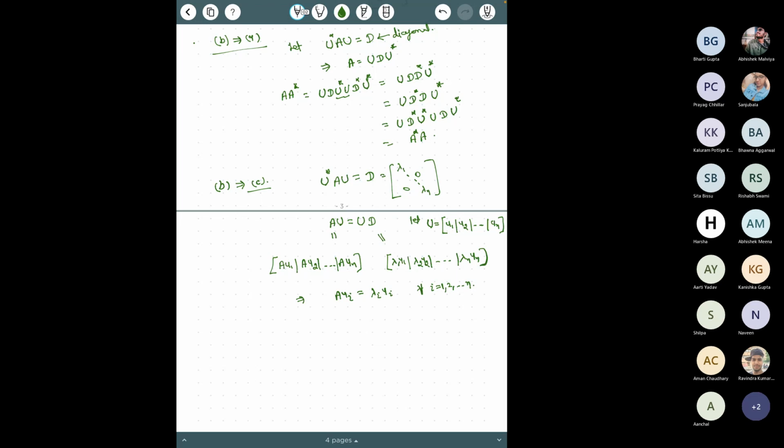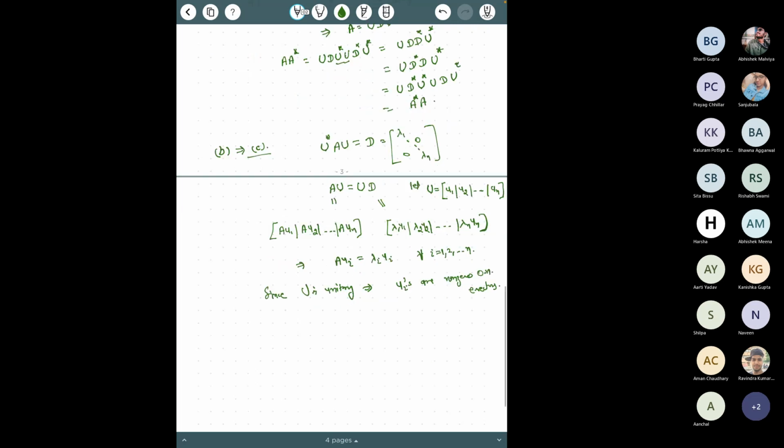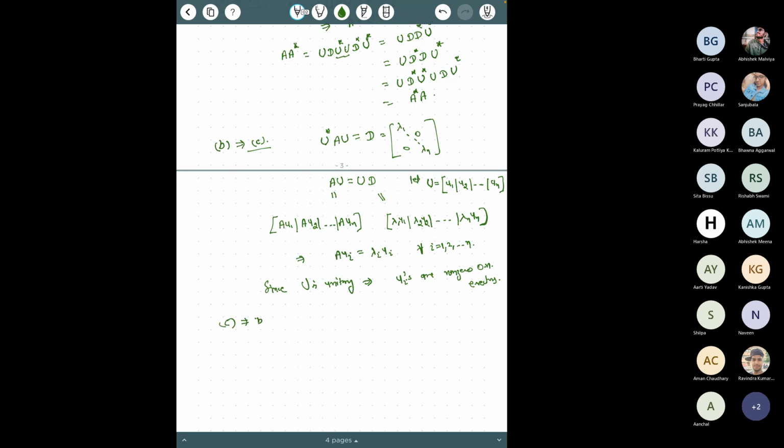So these ui are non-zero orthonormal eigenvectors, and you are done. So this proves B implies C. Similarly, you can prove C implies B.